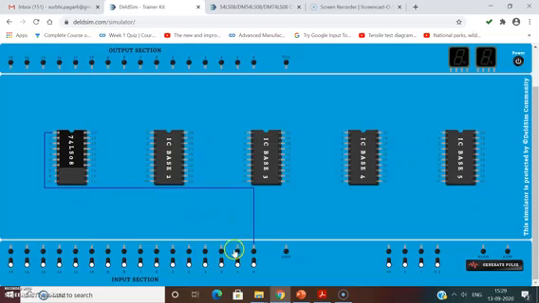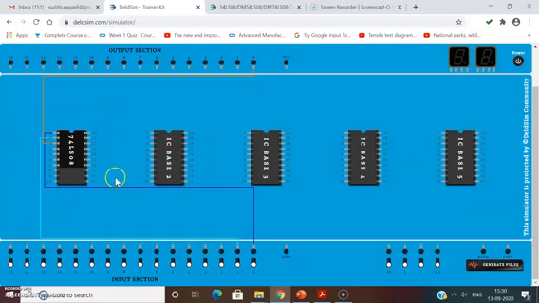So this second pin I will give as input again, and the third was my output. So I will connect this third line as output. Okay, this is the output line.